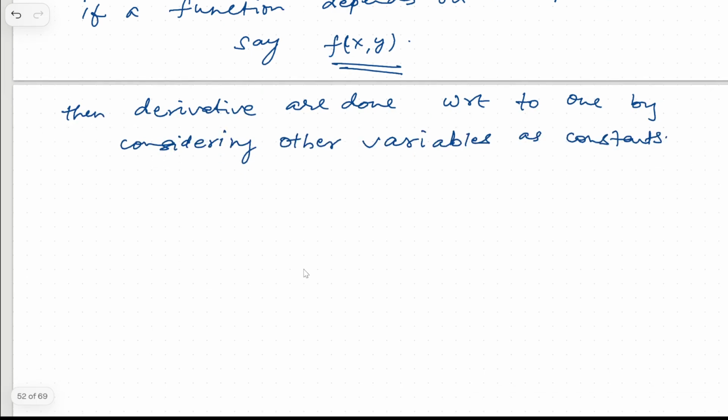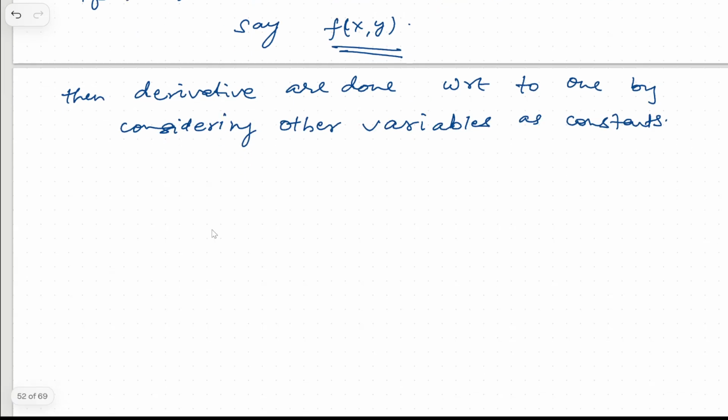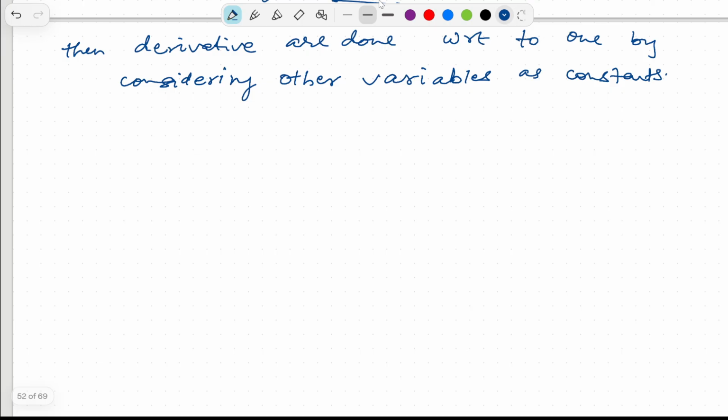What does this mean? I will give you an example, then you will get a better idea. Let's take a concrete example.